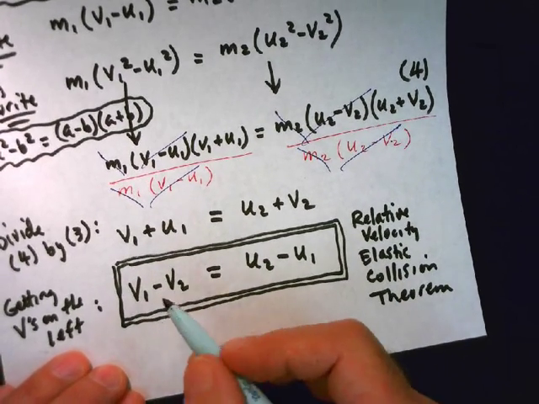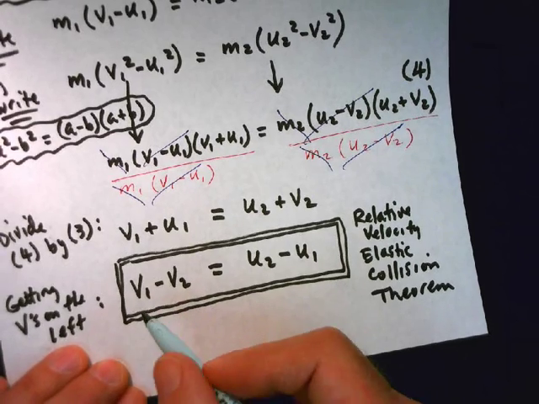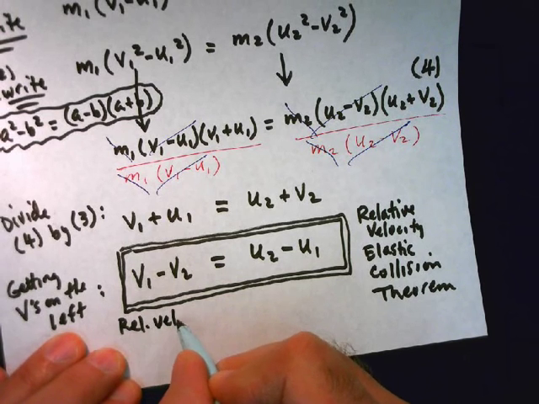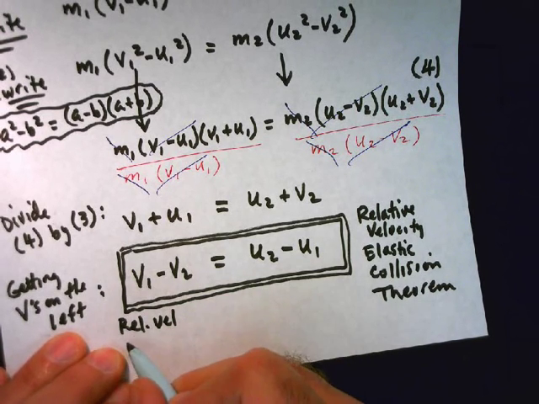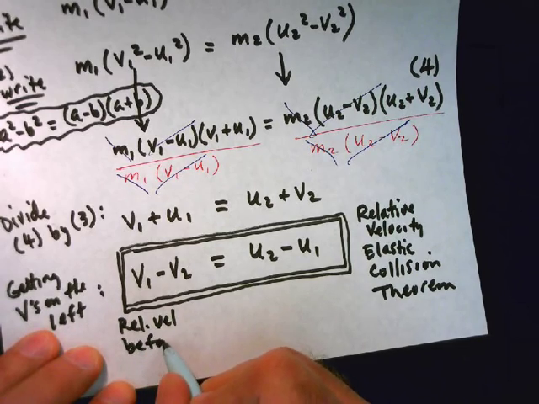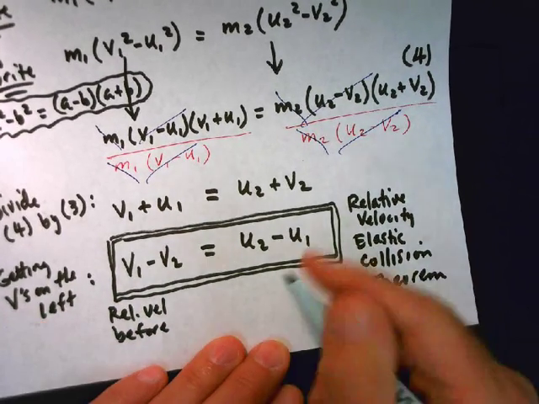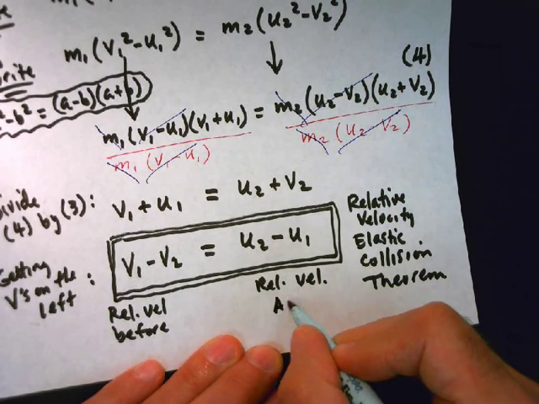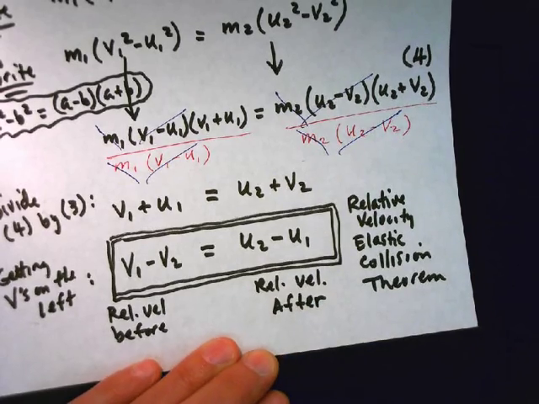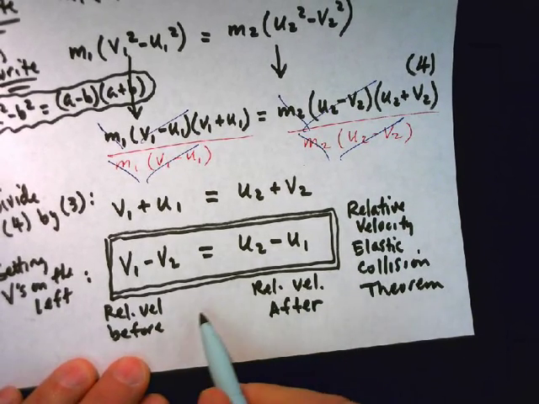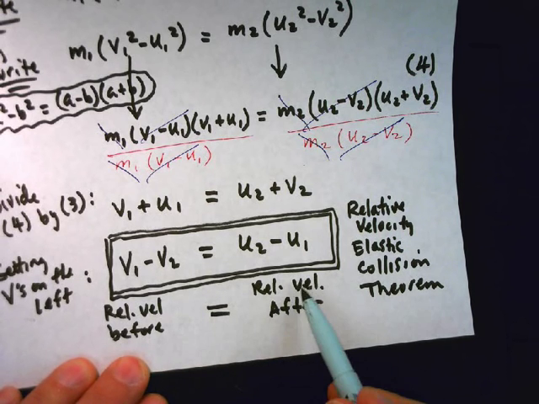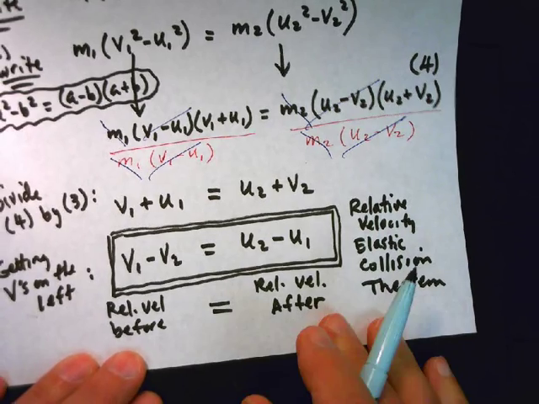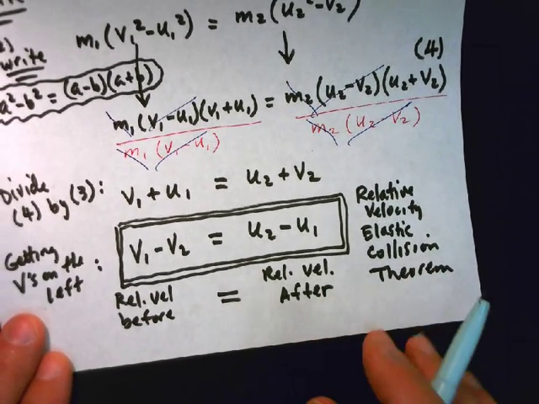Basically what this tells us is this difference here, v1 minus v2, is the relative velocity of the two objects before the collision, and this is the relative velocity of the two objects after the collision. The relative velocity of the two objects before the collision equals the relative velocity of the two objects after the collision, no matter what the masses are.